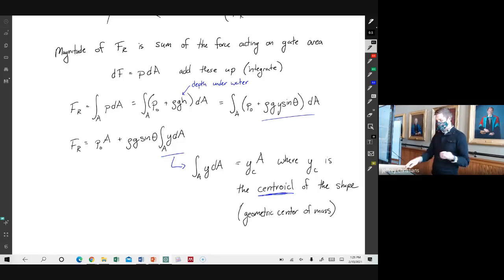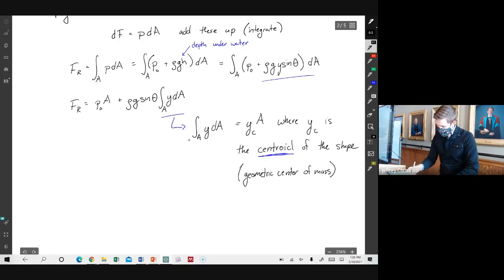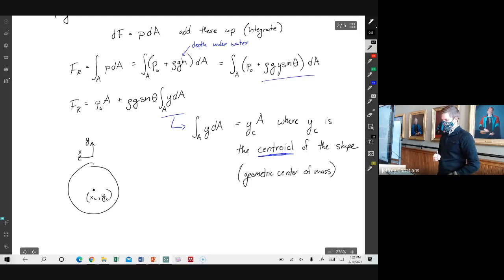of the shape. So if you had something, again, like this, if that's y and that's x, that would be xc, yc. That would be the centroid of the shape, right in the dead center of that shape.